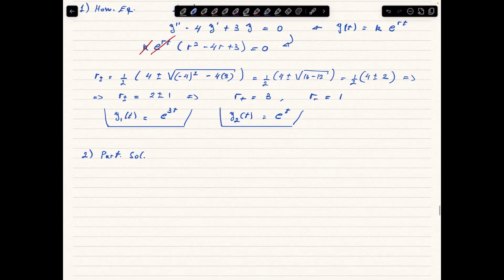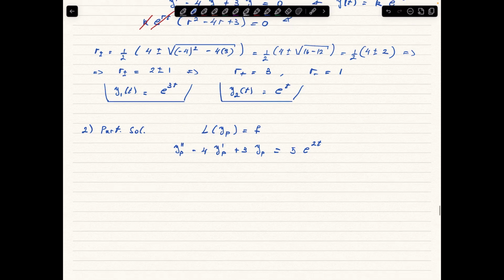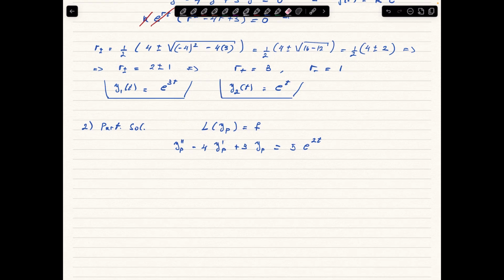We need to find the yp solution, which is essentially this equation: yp double prime minus 4 yp prime plus 3 yp equals 5 exponential 2t. And what are we going to do? Well, like before, we are going to guess a solution, and we are going to guess an exponential.